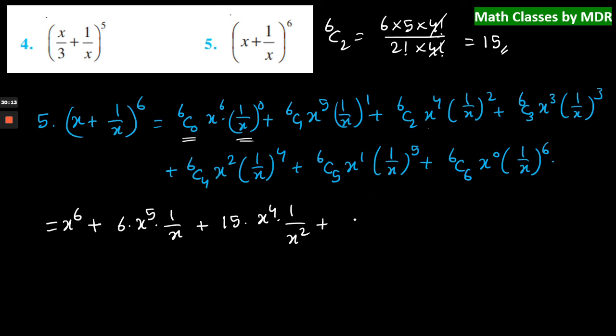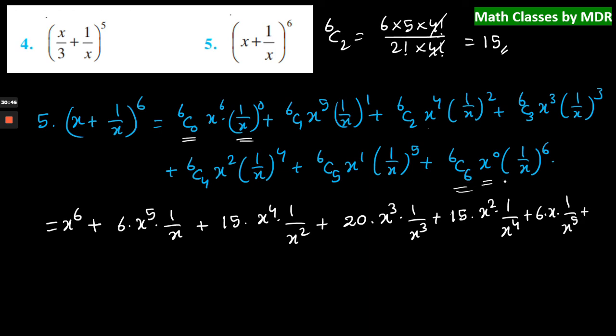So you will get 20. 20 into x^3 into 1/x^3 plus 6C4. What is 6C4? That is nothing but 6C2, that will be equal to 15. 15 into x^2 into 1/x^4. 6C5 is nothing but 6 into x into 1/x^5. 6C6 is 1, x^0 is 1. This is equal to 1/x^6.